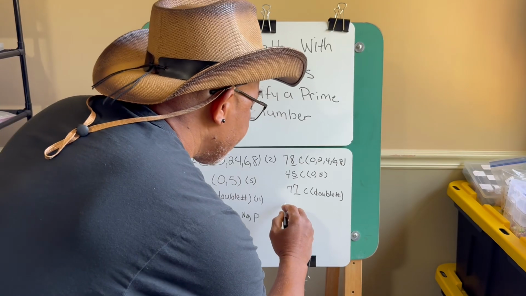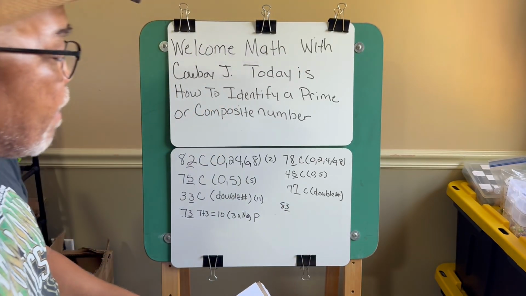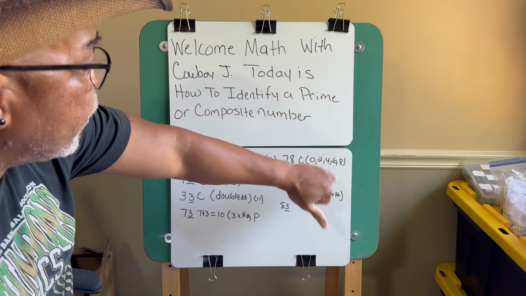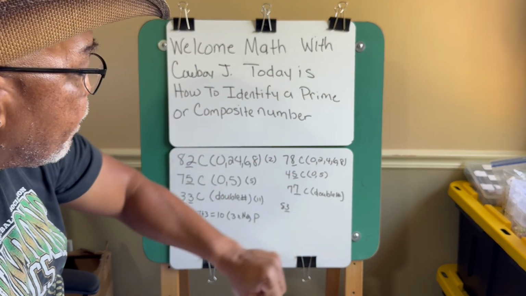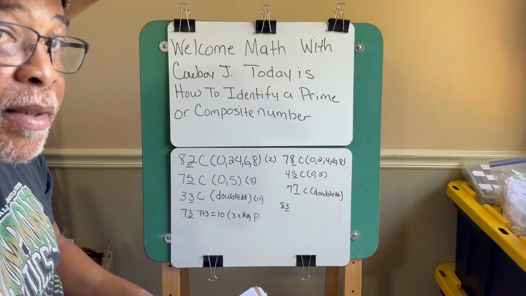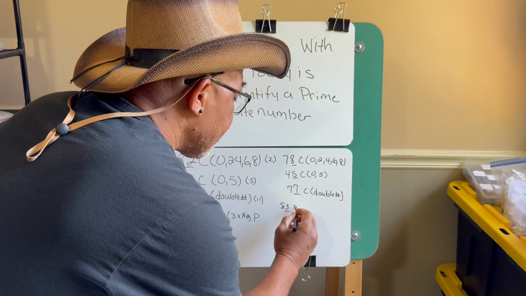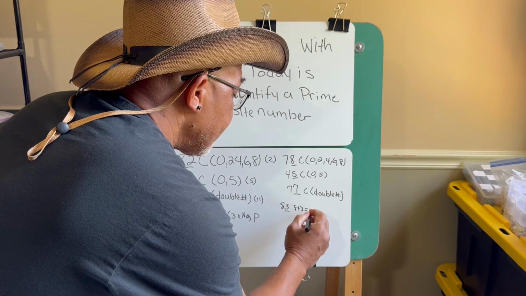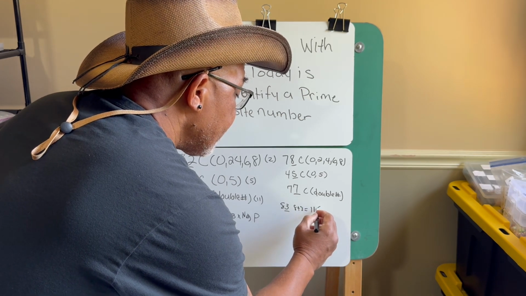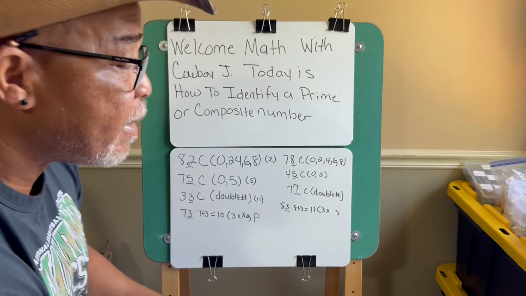What about 83? All right. It's not 2, 4, 6, 8. It's not 0 and 5. It's not a double number. So we're going to go with what? That's right. We're going to take 8 plus 3. That gives us 11. And we're going to take 3 times something to see if we get 11.